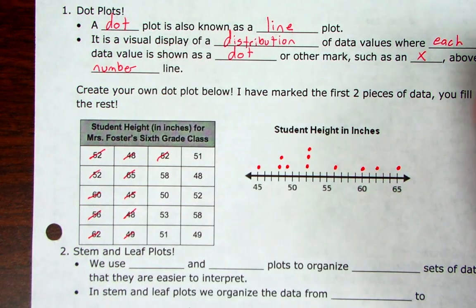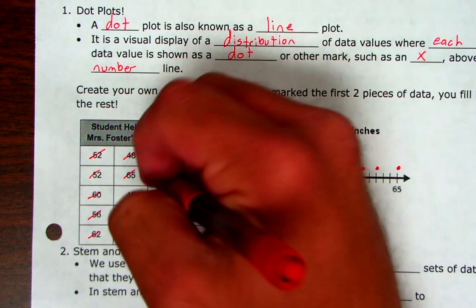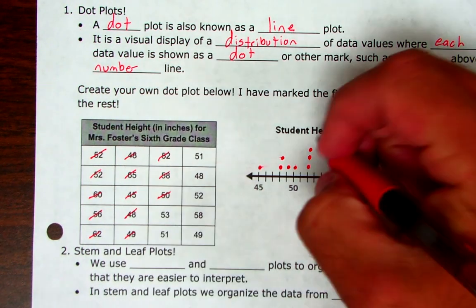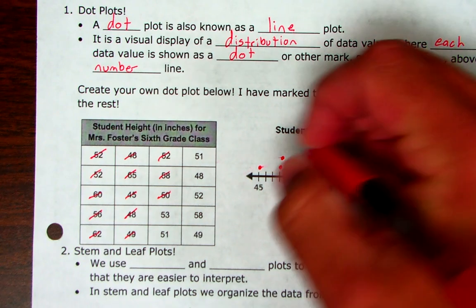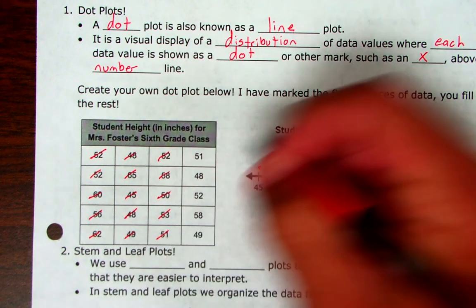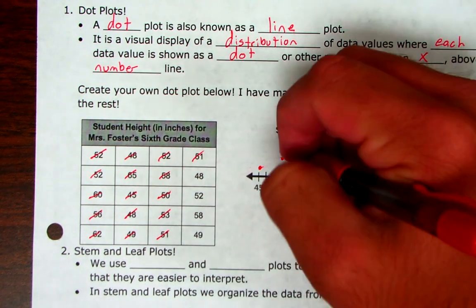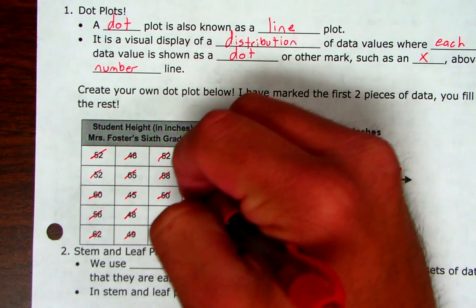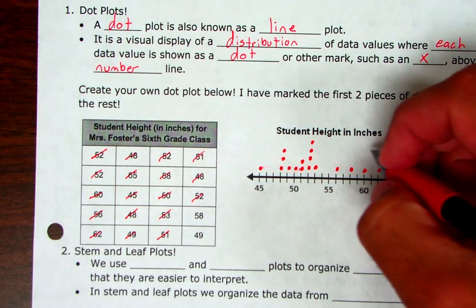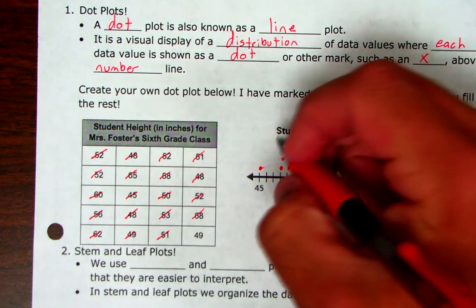Then a 58. Then a 50. Then a 53. Then a 51. Then another 51. Then a 48. Then a 52. Then a 58. And then I have a 49.